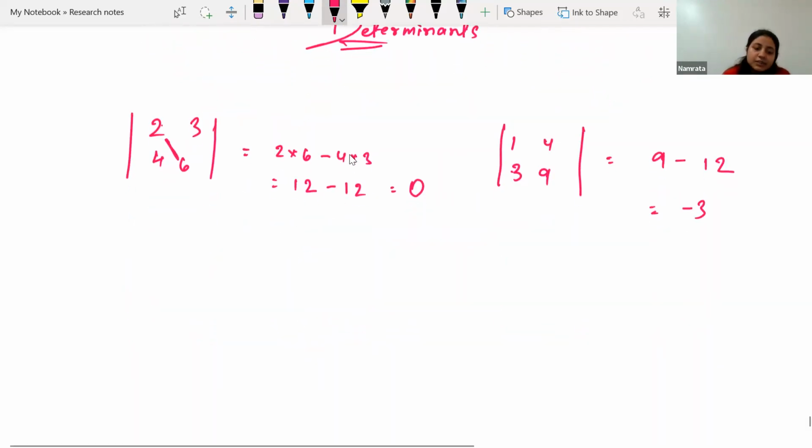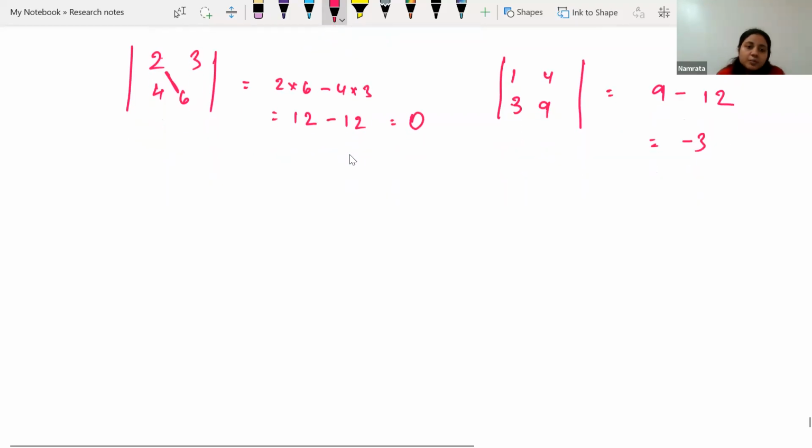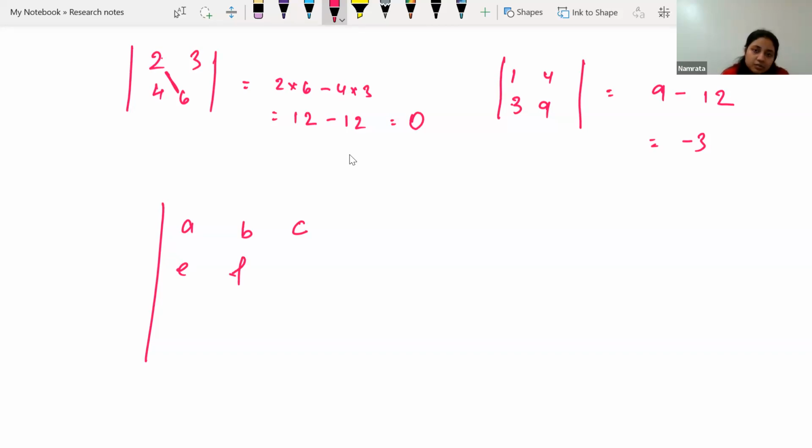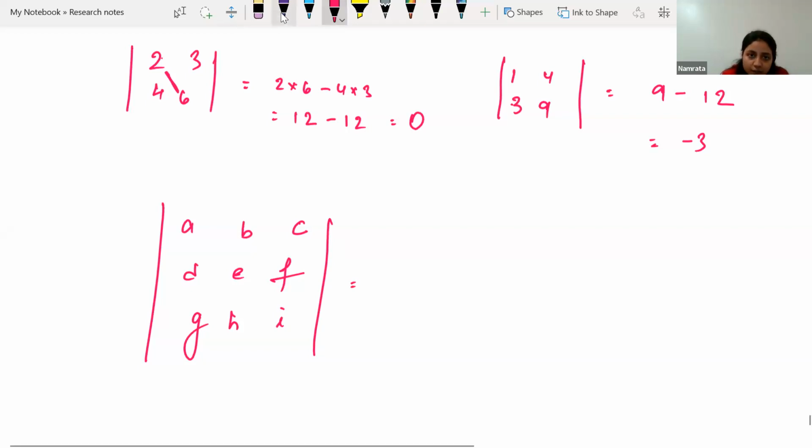Now quickly I am telling the formula or the process of finding determinants. If we have a square form, which is a b c, d e f, g h i, then the symbols are like this: this is positive, this is negative, this is positive.